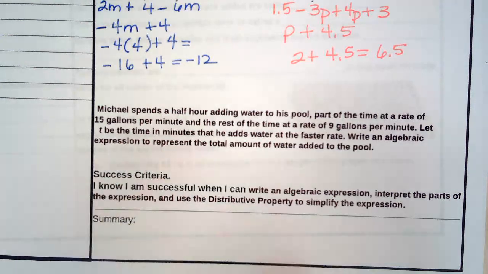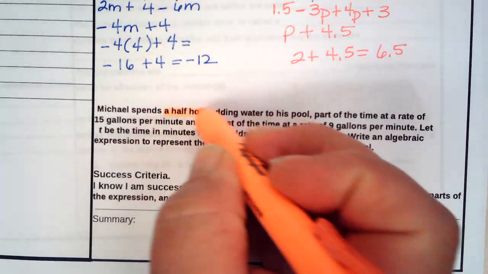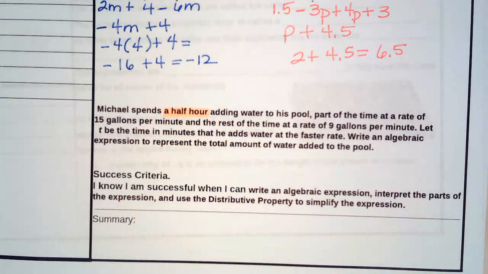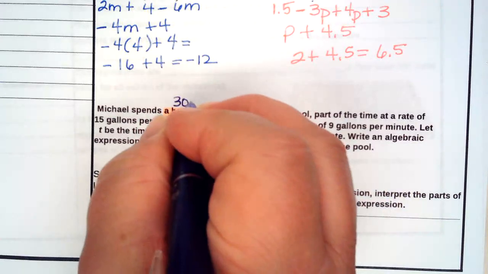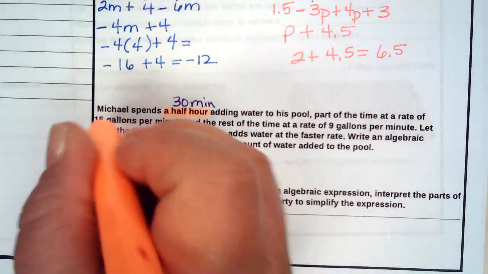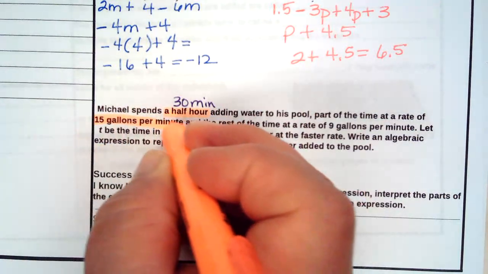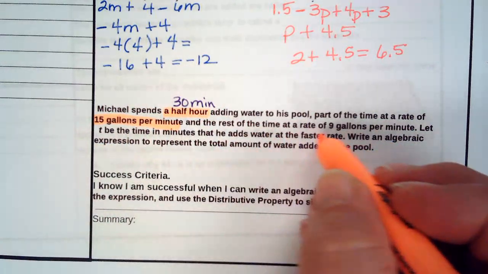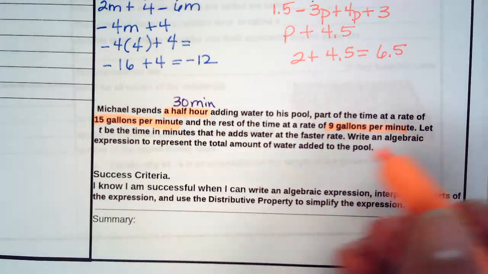Okay, he spends half an hour. So half an hour is how many minutes? That would be 30 minutes. Adding water to his pool. Part of the time is at a rate of 15 gallons per minute. The rest of the time is at a rate of 9 gallons per minute.